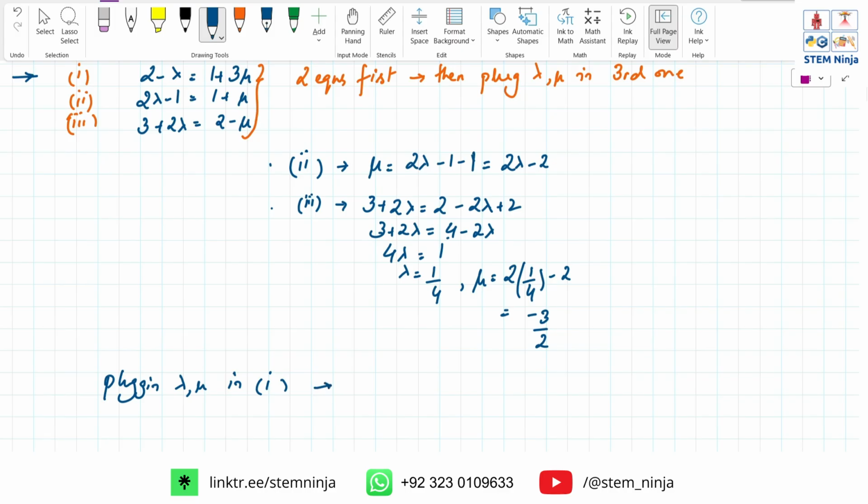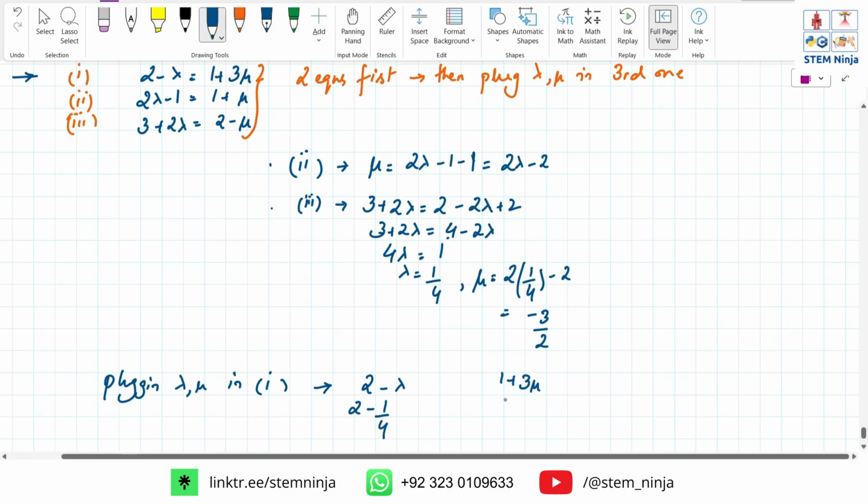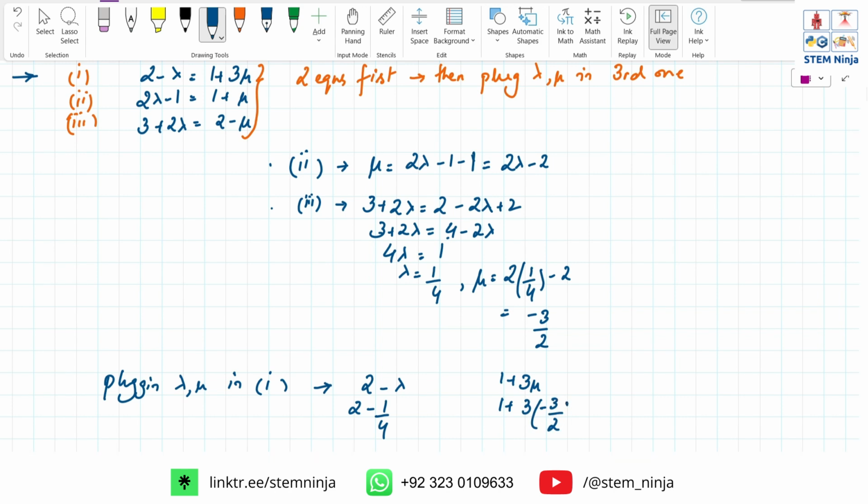Same thing. So we need 2 minus lambda, and we have 1 plus 3 mu. So 2 minus lambda is 2 minus 1 over 4, and 1 plus 3 times minus 3 over 2.